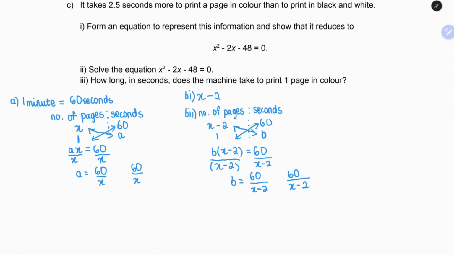So now when we move on to question C, it says it takes 2.5 seconds more to print a page in color than to print in black and white. So it takes more time to print in color than to print in black and white.